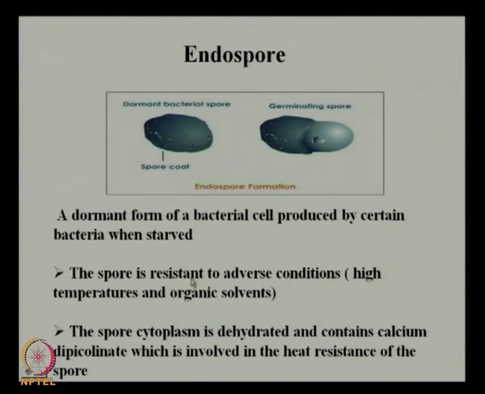The spore is resistant to adverse conditions, that means it can withstand high temperature and any adverse situation, such as high organic solvent or any such drastic environmental condition. The spore cytoplasm is dehydrated and contains calcium dipicolinate, which is involved in the heat resistance of the spores.